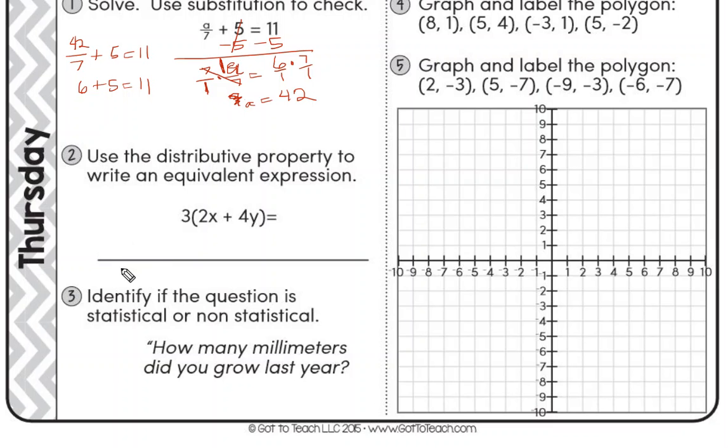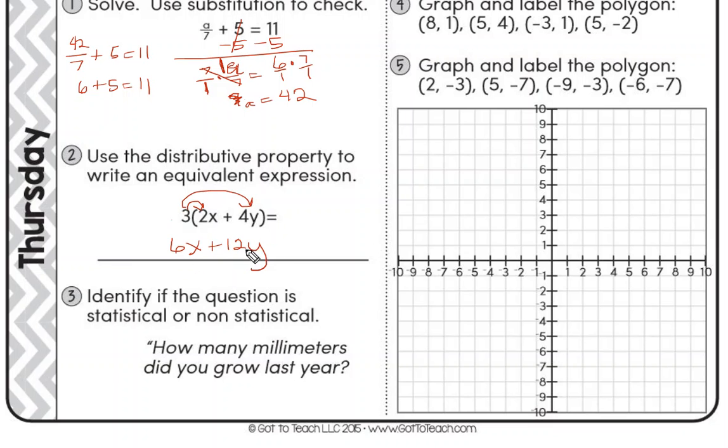Yay us. Okay. Use the distributive property to write an equivalent expression. So distributive property, that's with our arrows. Remember to draw your arrows. I know you don't like it, but you got to do it. So 3 times 2x, that's going to give us 6x. 3 multiplied by 4y, that's going to give us 12y.